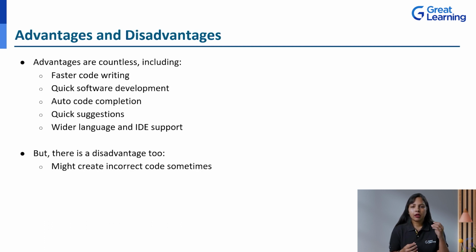Even if, suppose, in a comment of any programming language, you write what application you're trying to develop, it will give you a basic code or basic idea. Suppose you want to write a program for linear search. You just write in a comment, program of a linear search. And within a fraction of seconds, it is going to give you the code snippet for a linear search, right?